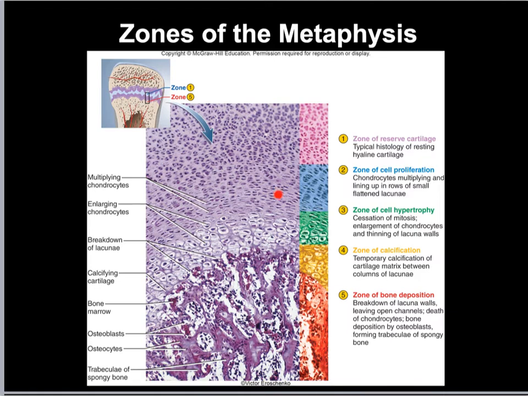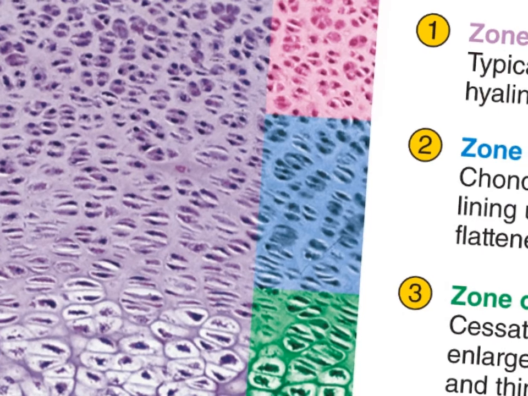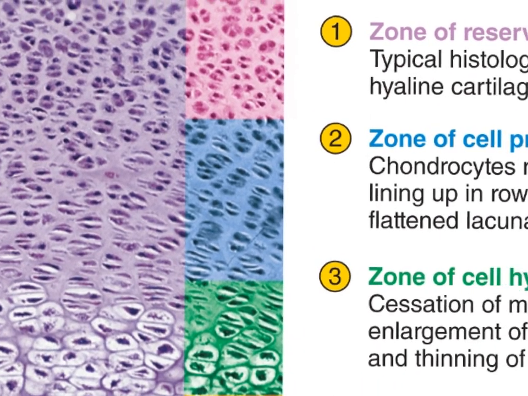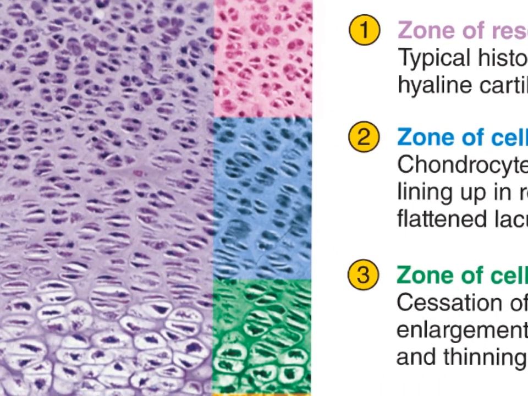So if you take a look in here, in the zone of cell proliferation, you'll see that the lacuna, rather than being nice and large, will go into these flattened stacks.